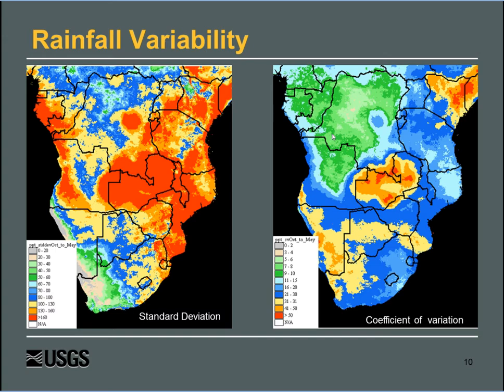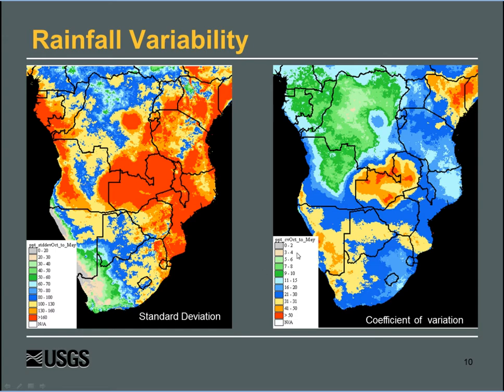Then we look at the variability. We'll go over what the standard deviation is, and then we see that the standard deviation of the two regions is not very different.